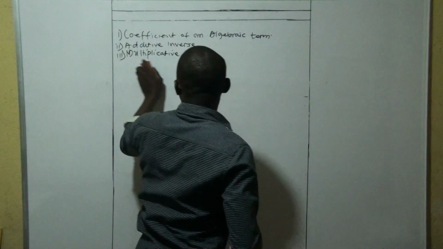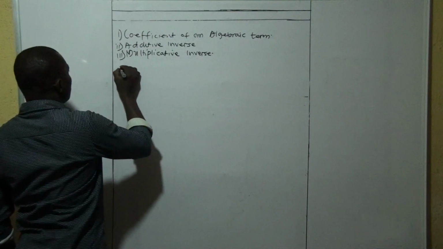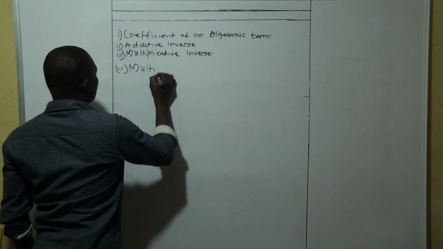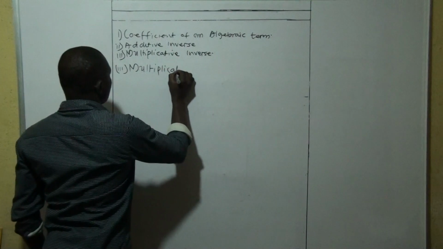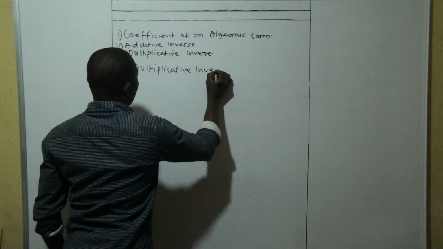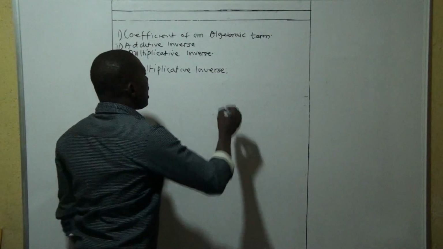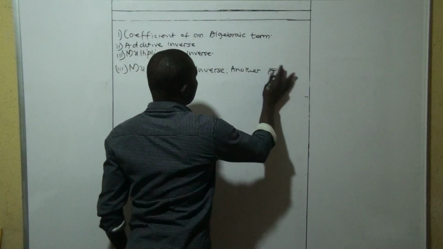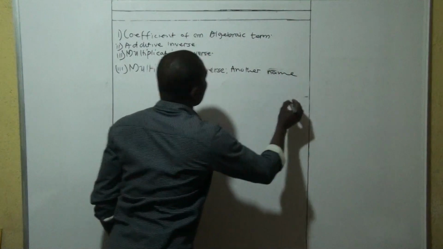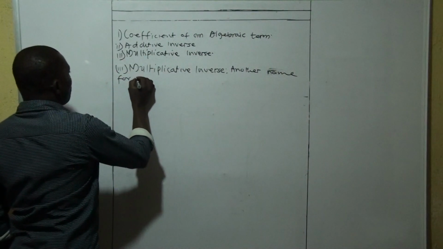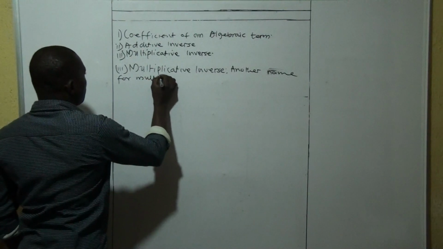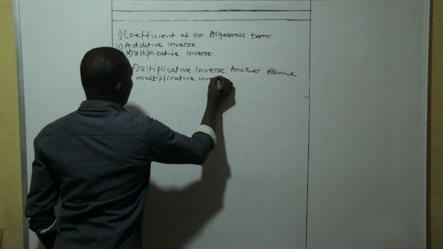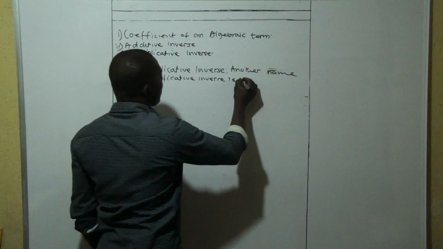Okay, now let's move on to the very last one here, which is what we call the multiplicative inverse. Another name for multiplicative inverse is reciprocal.